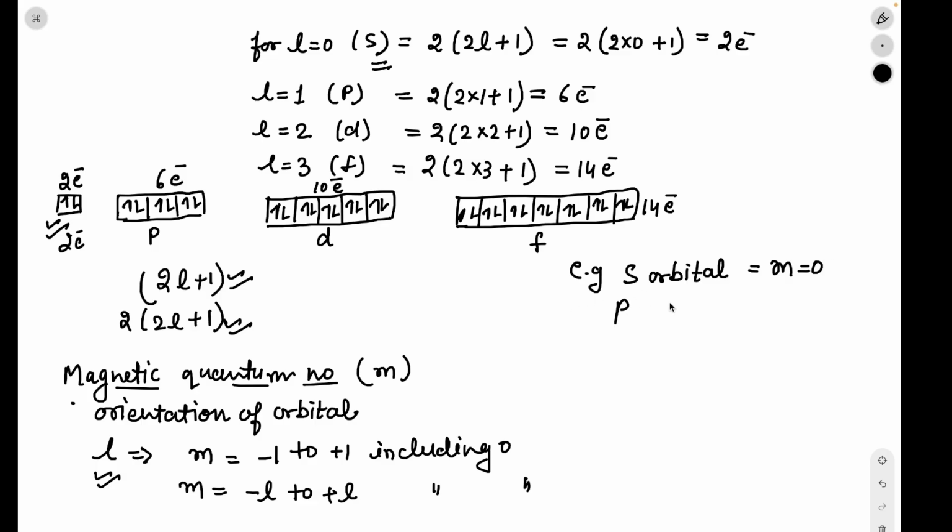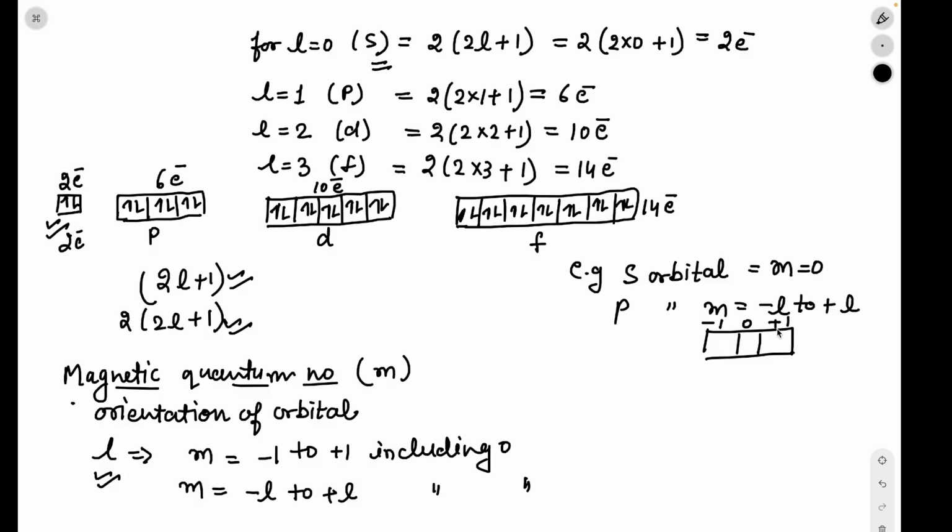And for the P orbital, the value of m ranges from -L to +L. Because there are 3 orbitals, the value of m can be -1, 0, +1.